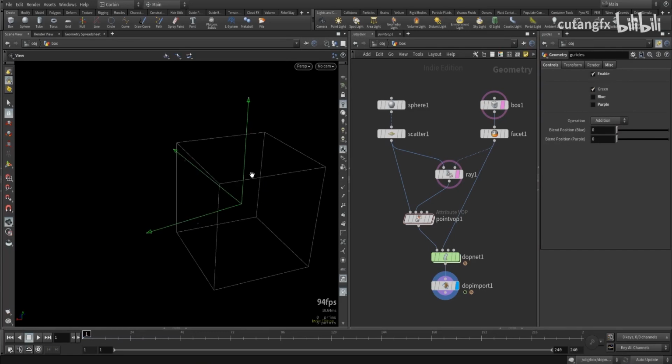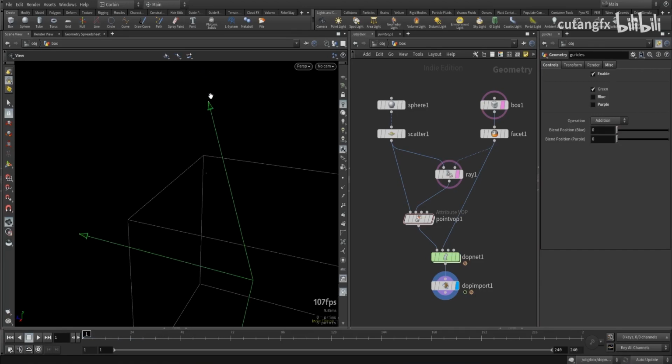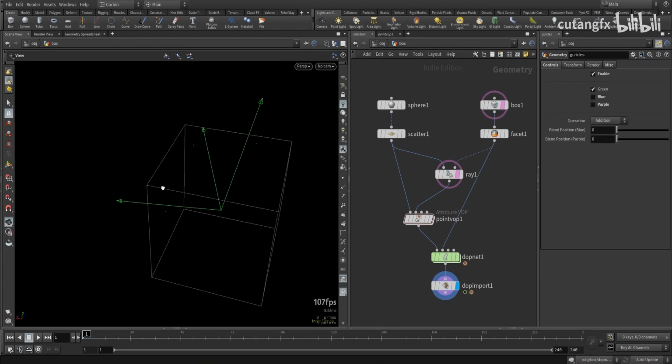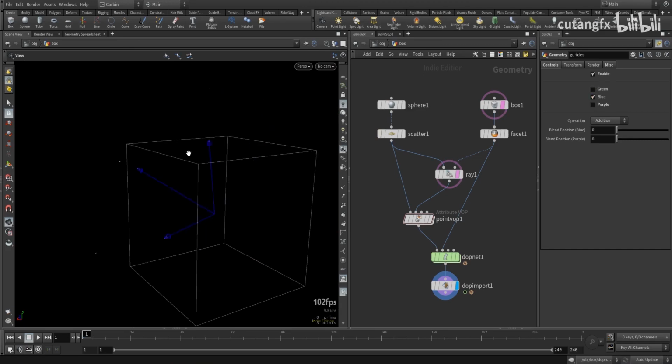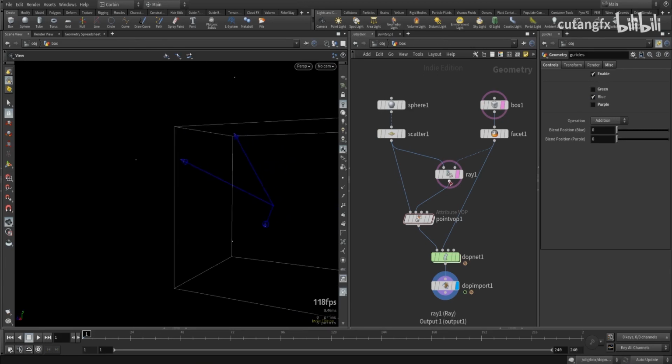So if I switch on green, as we've become accustomed to, that is the position of our points. I'm using green to represent the actual point position for each of our particles. Blue is the position on the box, so the rayed position. In other words, it is this position here after being rayed onto the surface. Now the ray does move the particles to the surface, but I'm not wanting to do that.